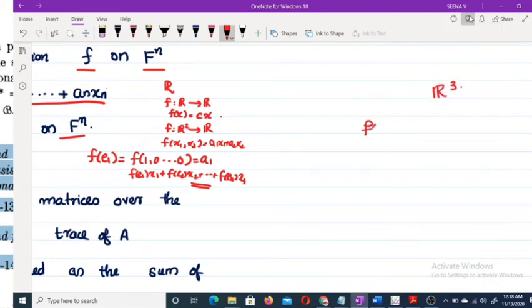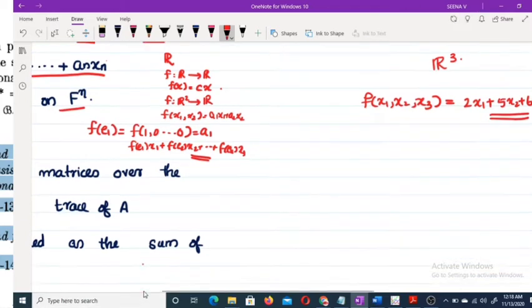You can write f of (x1, x2, x3) equals, instead of writing a1 x1 plus etc., you can put some values for the a's, say 2x1 plus 5x2 plus 6x3. This is enough. Okay, this is a linear functional on R3. Similarly, you can write anything. So any linear functional on Fn must be of this form.